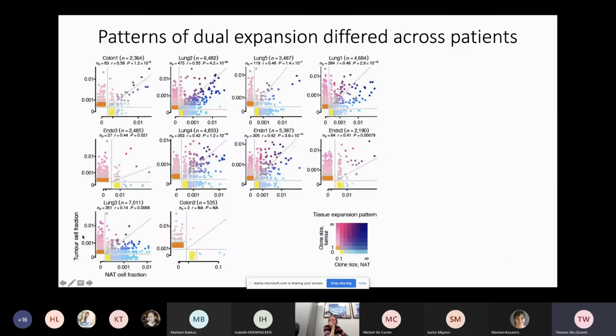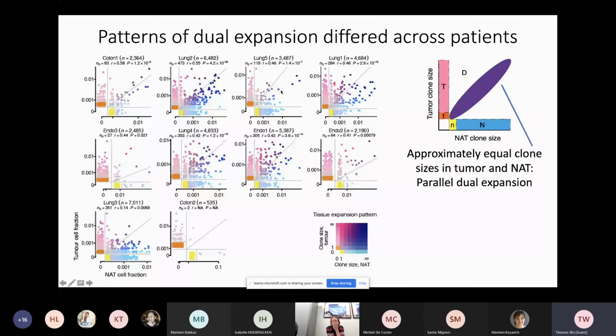And you can notice that if there was only one copy in NAT, you get yellow, one copy in tumor, you get orange, and this is corresponding to the NAT multiplets. This pink part corresponds to the tumor multiplets, and the part of the origin are the dual expanded clones. And you can see there's a fair number of dual expanded clones.